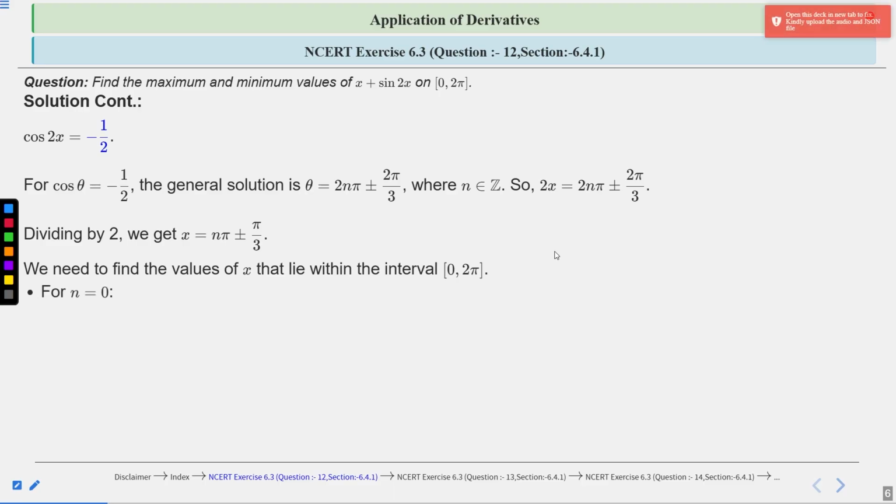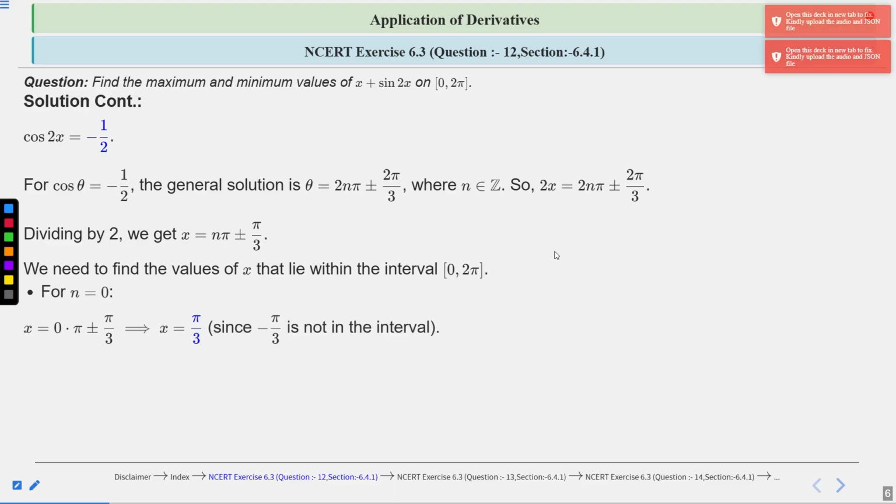Now for n is equal to 0, x is equal to 0 into pi plus minus pi by 3. This implies x will be equal to pi by 3, since minus pi by 3 is not in the interval.